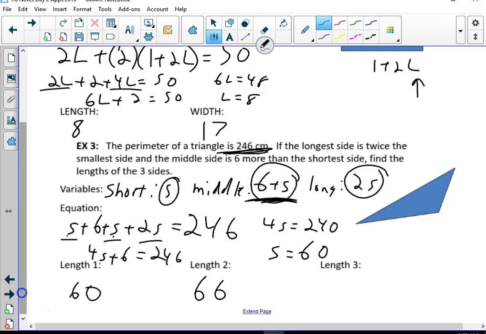Right? 6 more than the short side. And then what's the long side? 120. 2 times that. And again, the beauty of math, you can double check your work. If you add 66 plus 60 plus 120, you will get 246, and you know you did it right.